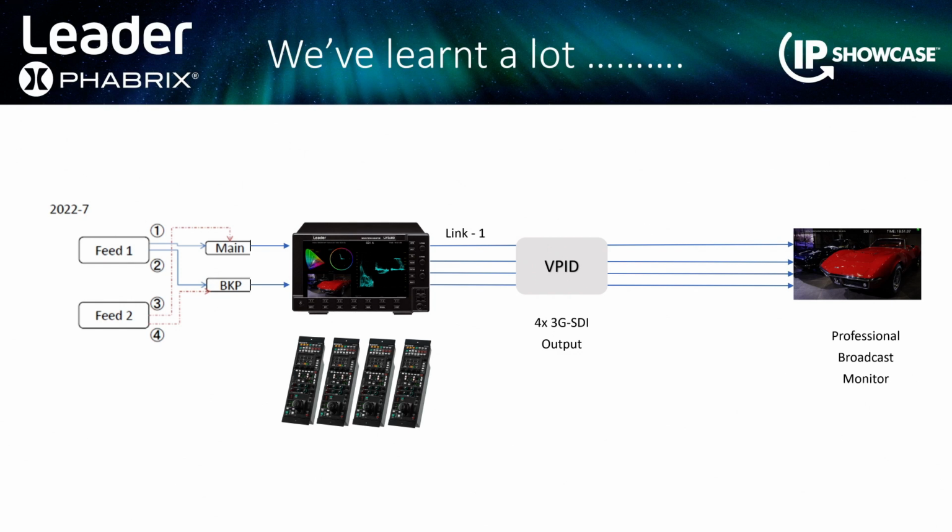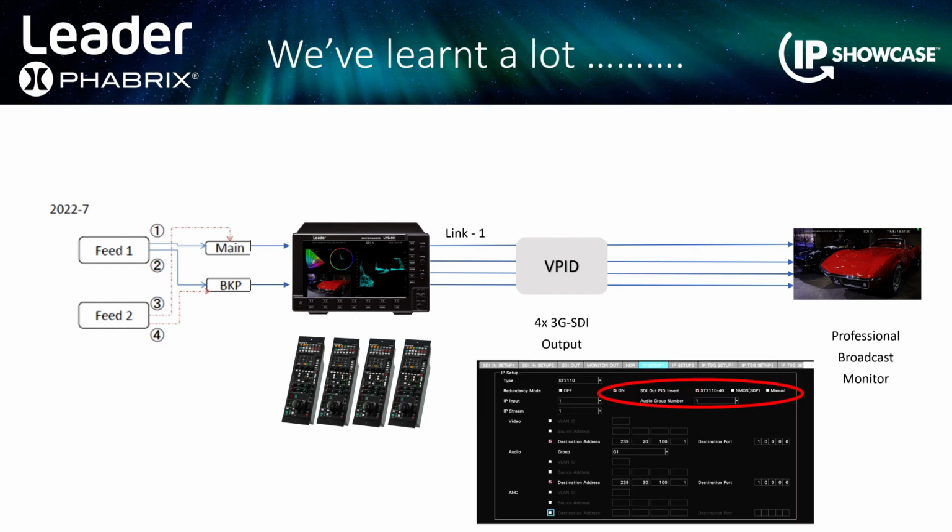It's turned into SDI video. And on the Leader products, we have the ability to specify what VPID information should be inserted into that SDI stream. Whether it's come from the -40, it's come from your session description protocol file, or you've manually set it up.